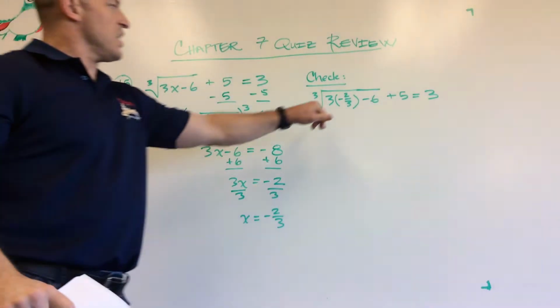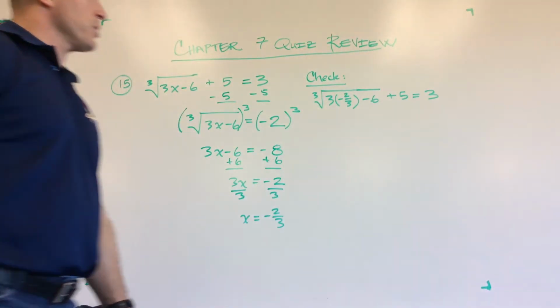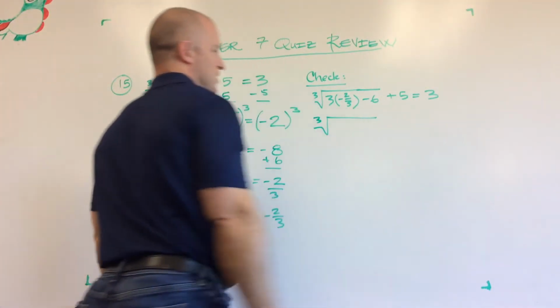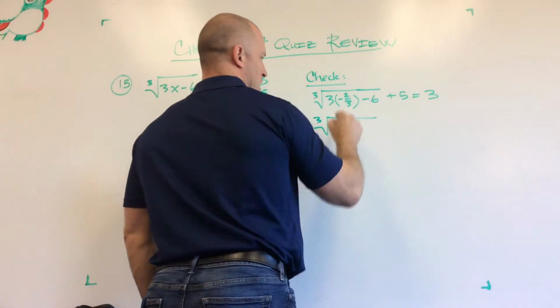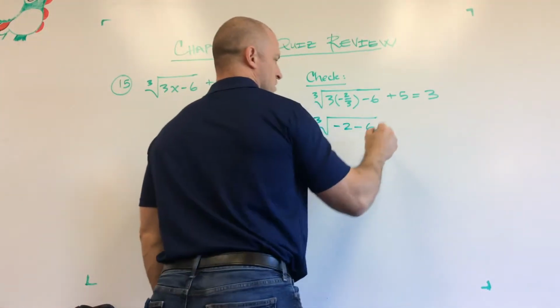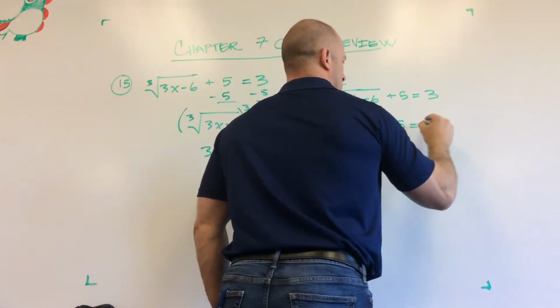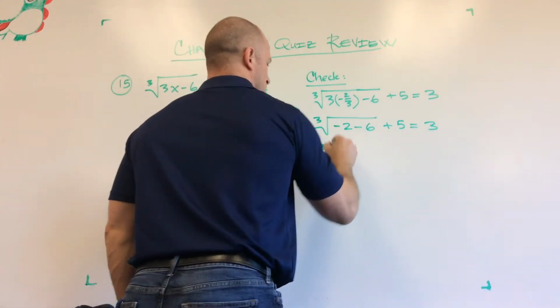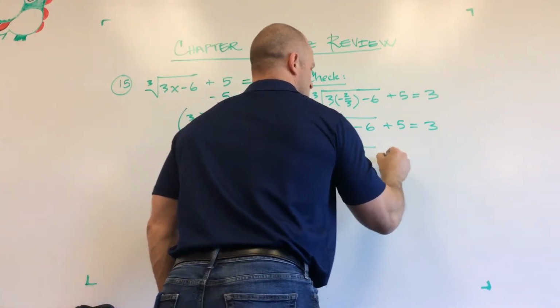From here we can see again that the 3 here will cancel with the 3 on the bottom. That leaves us with the cube root of -2 minus 6 plus 5 equals 3. This is going to be the cube root of -8.